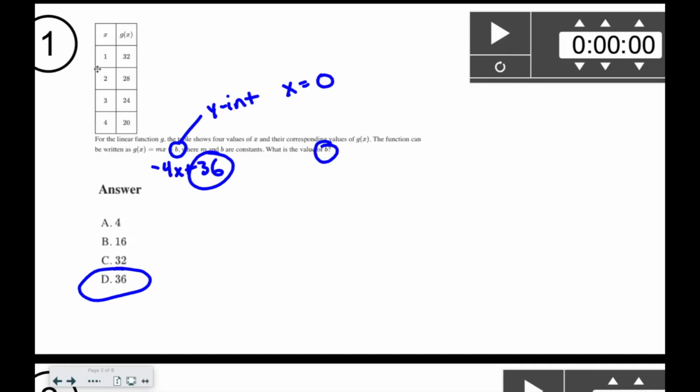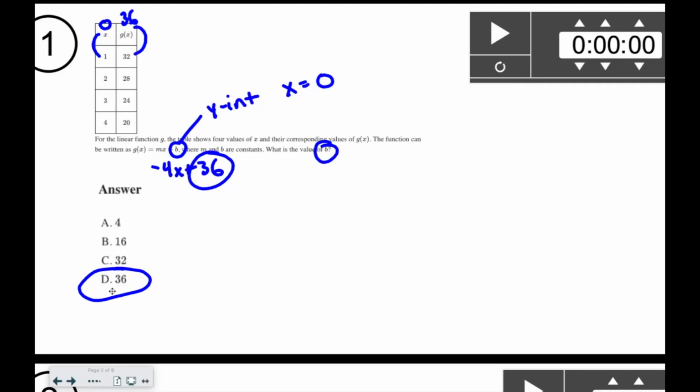If you look at the pattern in the table, if I want to know when x is 0, I'm just working backwards 1. Notice it's going down by 4 every time, so if I go backwards 1, it's going up by 4, and I just get 36. So there's a way to just get it pretty much immediately.